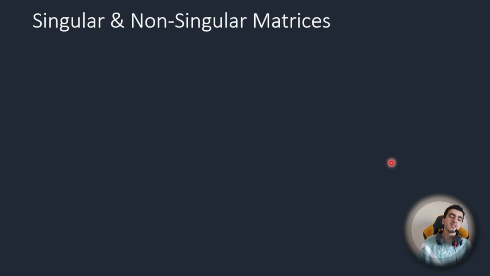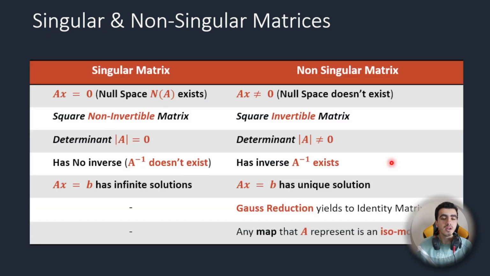Okay. Last part here is the singular and non-singular property of the matrix. Here I have described it in a simple table. I can discuss it in a way like a singular matrix is basically a single direction. It can just go forward, it cannot go backward.